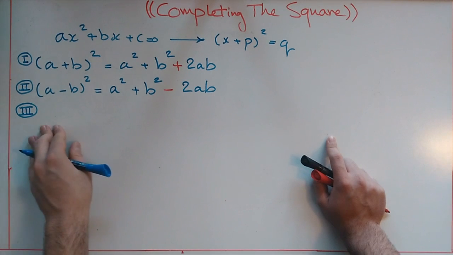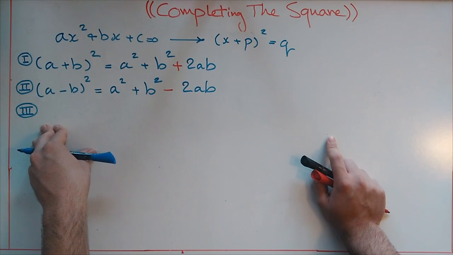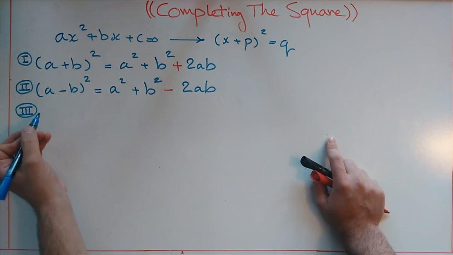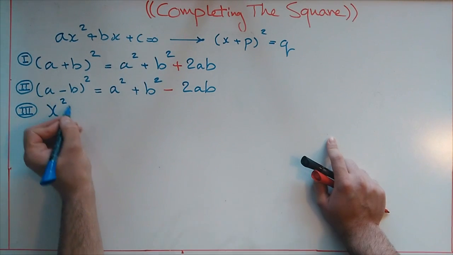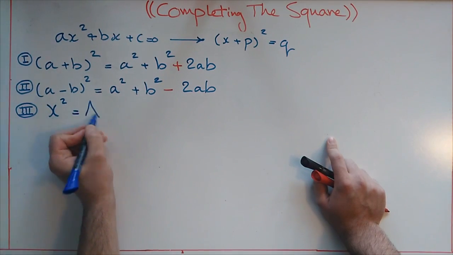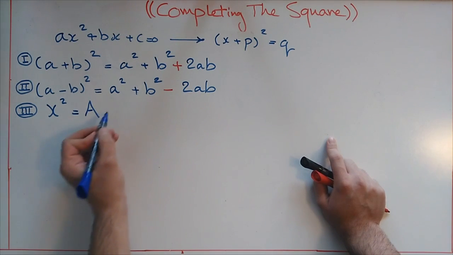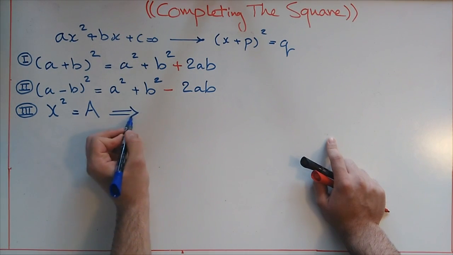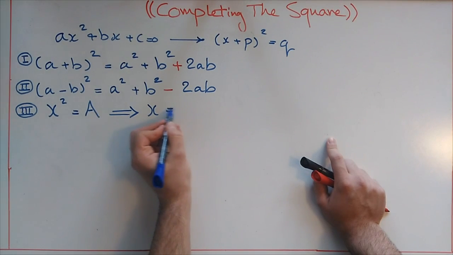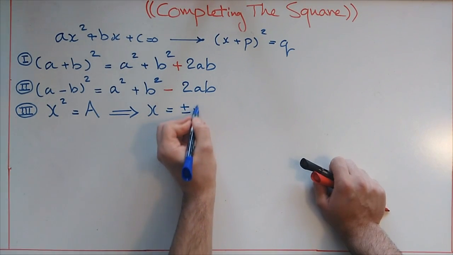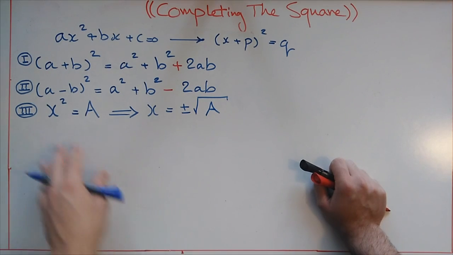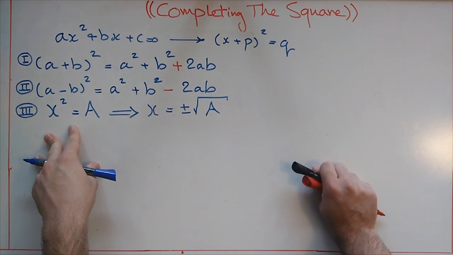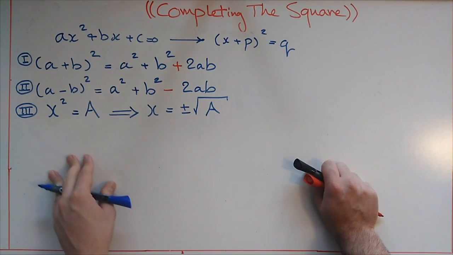which is so important in using this method, is that if x squared equals a value like a, then x equals positive or negative square root of a. Now, this rule is pretty new, so we're going to do a few examples about it.